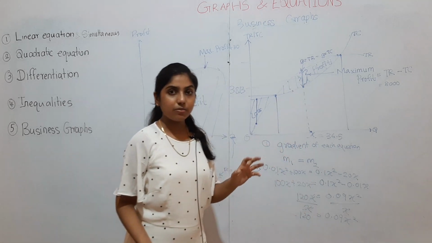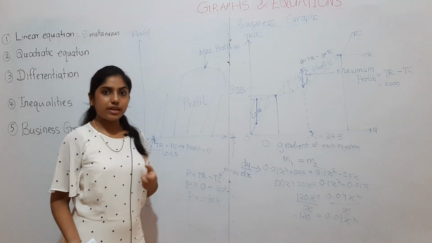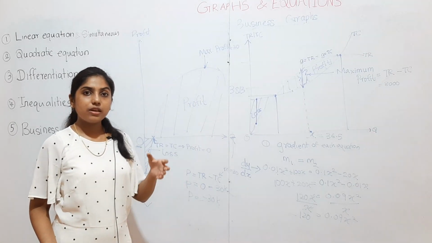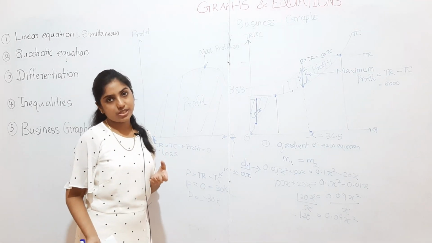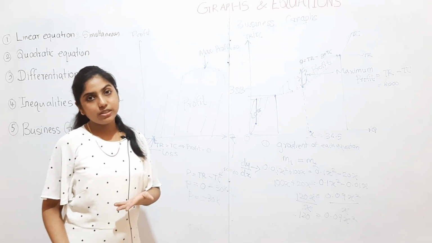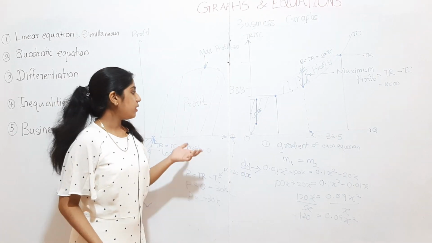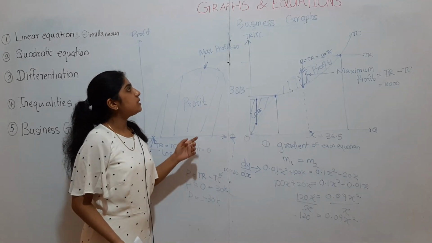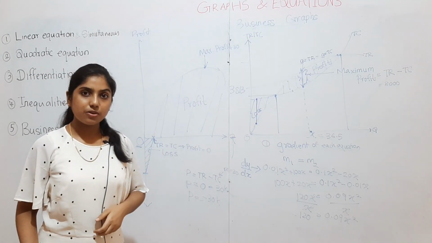You don't have to do that procedure if you are given the profit equation straight away, because easily from the profit equation itself you can differentiate the equation, equal it to 0 and find the x value, and then substitute that x value to the original profit equation to get your maximum profit.